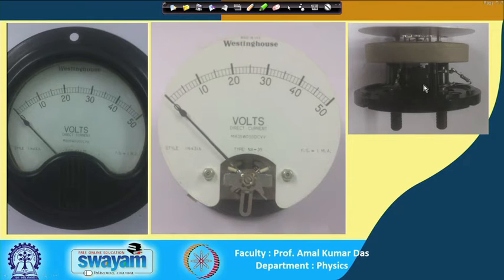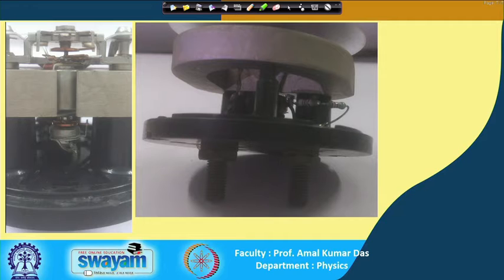I think here it looks better. Here you can also see the galvanometer structure, and with it the spring, one spring up and one spring down, in a better way. And this is the coil, the rectangular coil.